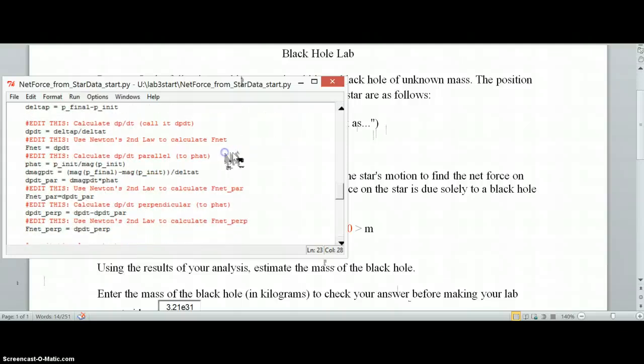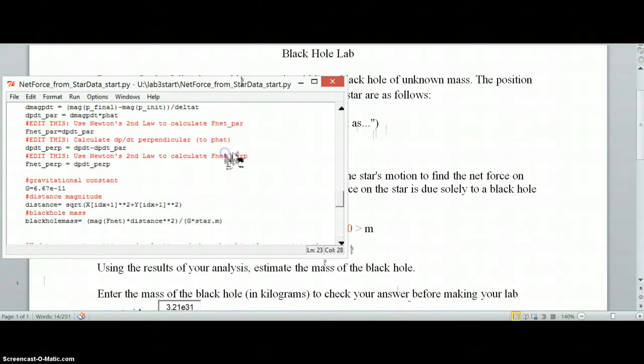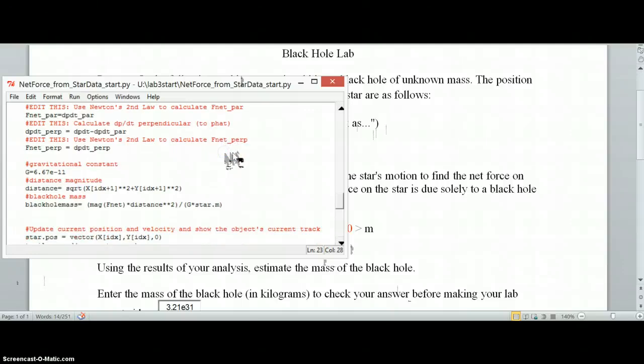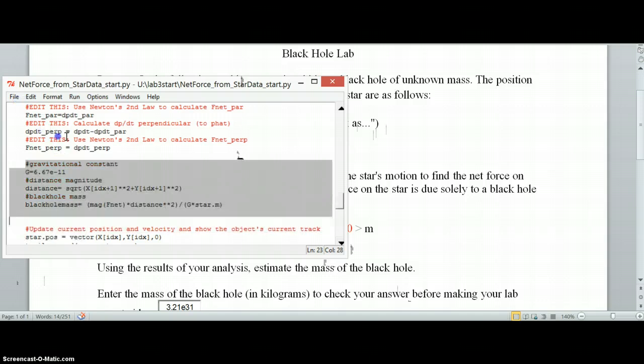In addition to that, since this is a motion in a circle, we had to calculate the Fnet parallel, and Fnet perpendicular, or delta P divided by delta T parallel and delta P divided by delta T perpendicular. In addition, I also added in information to help me calculate the mass of the black hole with the gravitational constant added, as well as the magnitude distance.